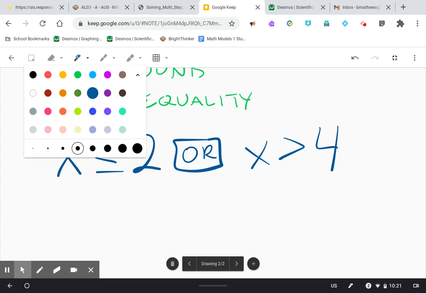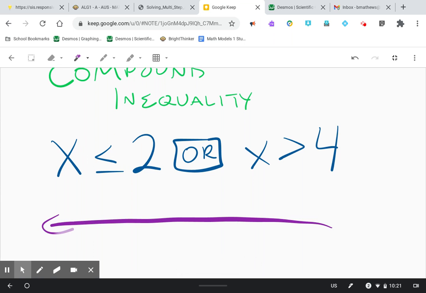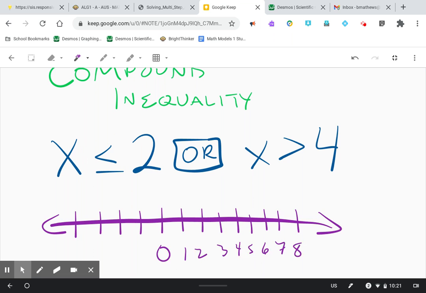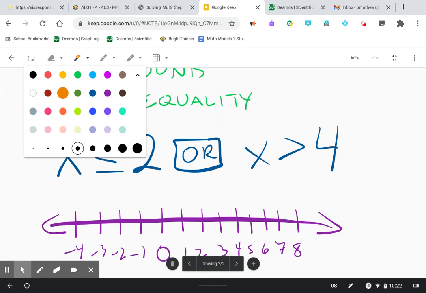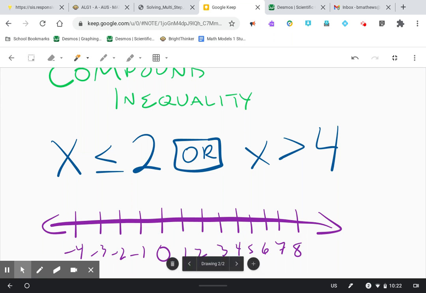So in that situation, if we put those together on a number line, and I graph the values and I say, okay, x is less than or equal to 2. So that's a closed circle at 2 and going this way. Or x is greater than 4. Well, that's going to be an open circle at 4 and shading this way.